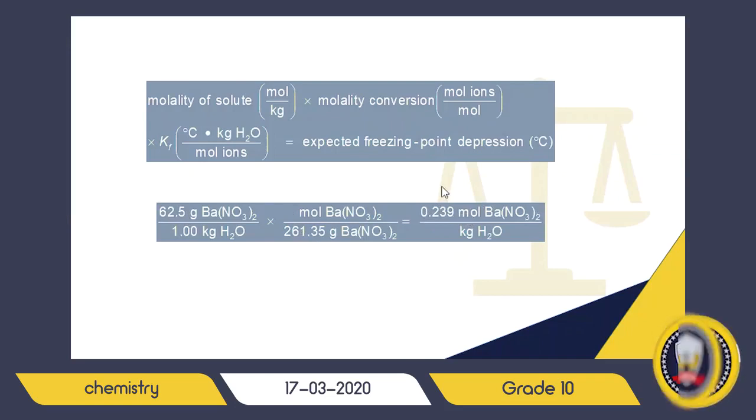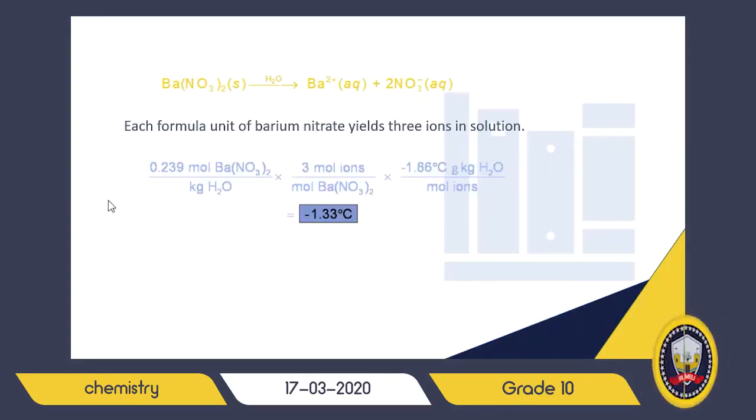So this is the number of moles of barium nitrate that we will use in our calculation, and we already have the amount of solvent in kilograms, so there's no need to make any conversion for the solvent. Now, as we have the number of moles of the solute and the amount of solvent in kilograms, we can find the molality. After we find the molality, we can easily plug all the values into our formula.